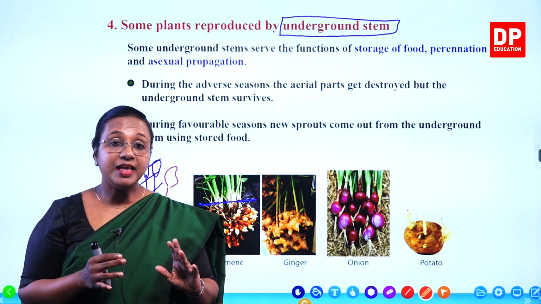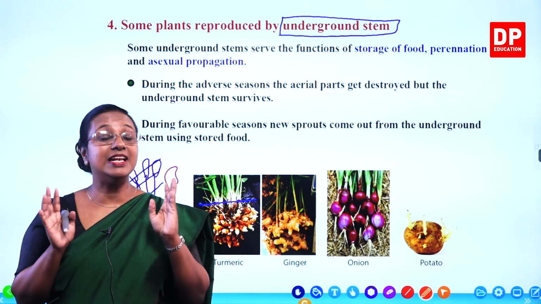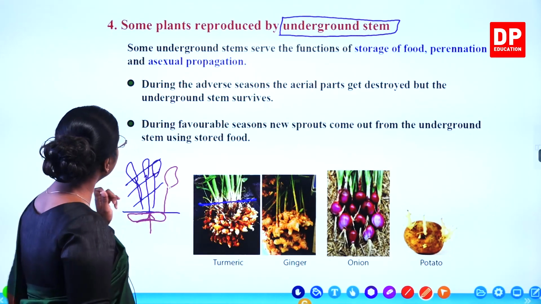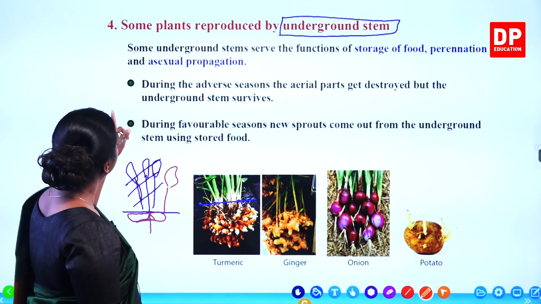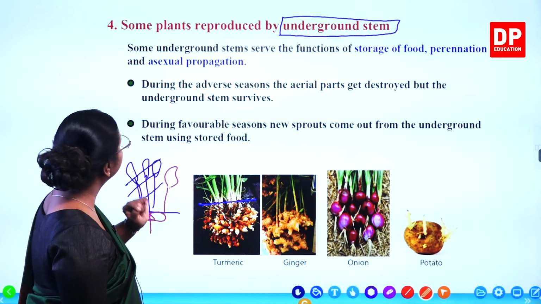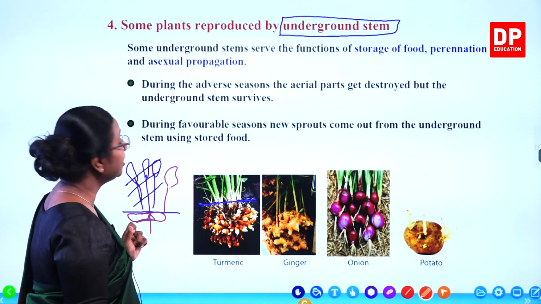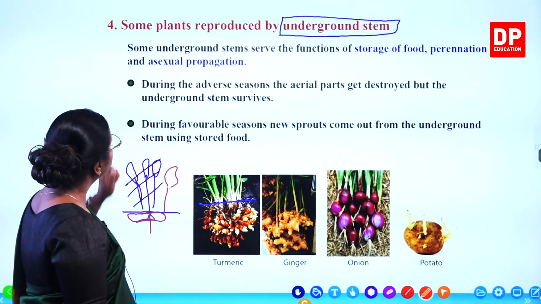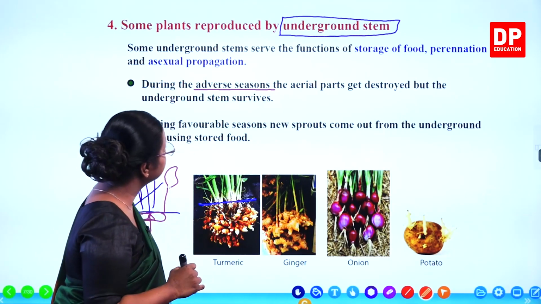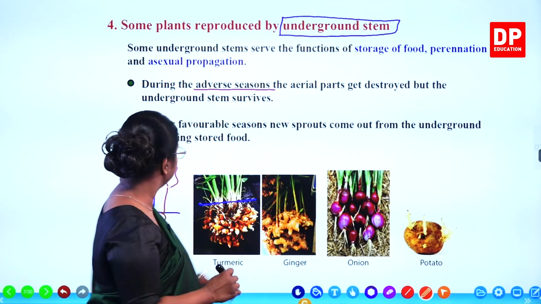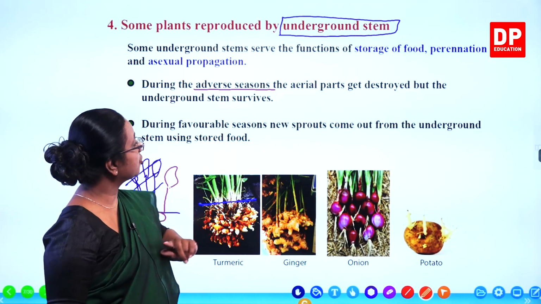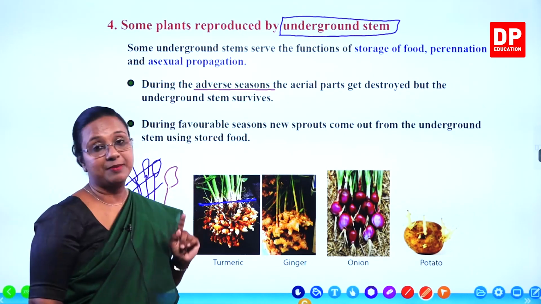So the same thing does three functions, and these three functions are interconnected. Some underground stems serve the functions of storage of food, perennation and asexual propagation. During the adverse season, the aerial parts get destroyed but the underground stem survives.